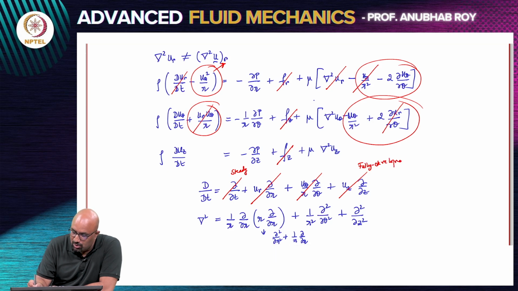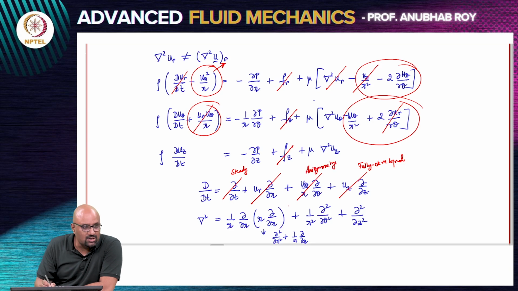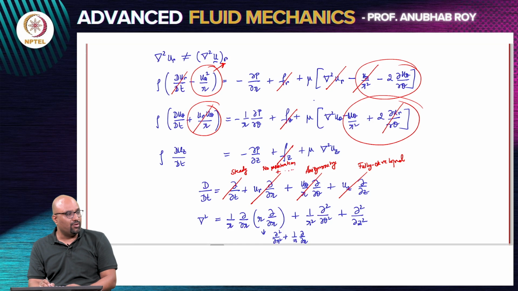So it's important to know why they are dropping, because there are problems where you can have variations of these conditions and you should not necessarily automatically drop them. We saw that in the context of a channel flow with a vertical through flow. So it's important to know why you have these terms systematically dropping out. u r drops out because of the no penetration boundary condition coupled with the other ideas of axisymmetry and fully developed.